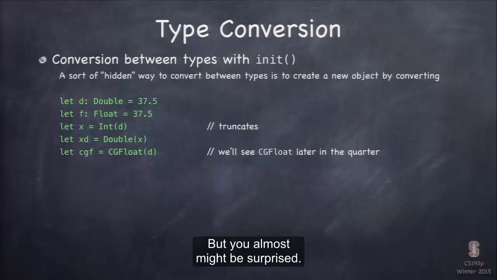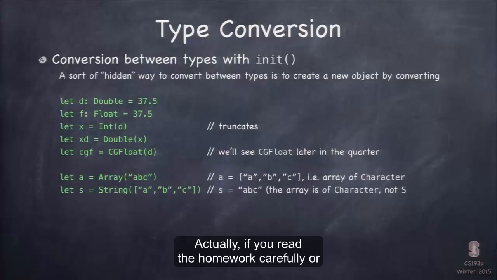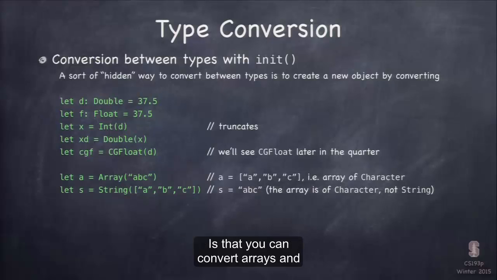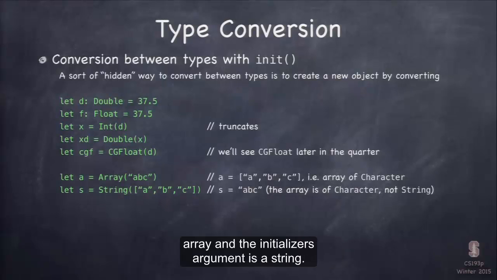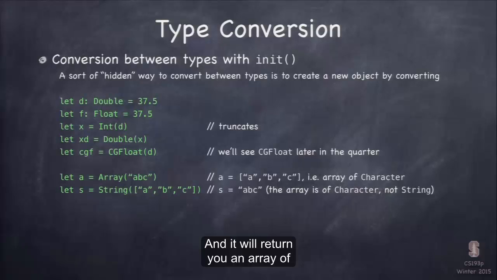Okay, so the numbers. But you also might be surprised, actually if you read the homework carefully or the reading assignment, you saw this, that you can convert arrays and strings using these initializers. For example, you can say array of a string, so create a new array, and the initializer's argument is a string, and it will return you an array of all the characters in that string, Unicode characters.